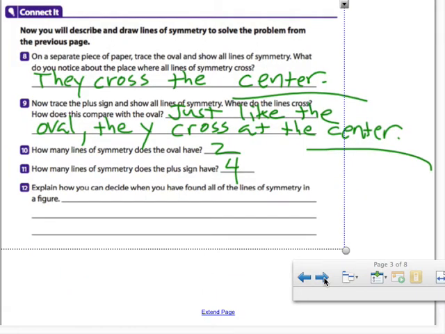So one way is to try imagining, try pretending that you are folding the shape.